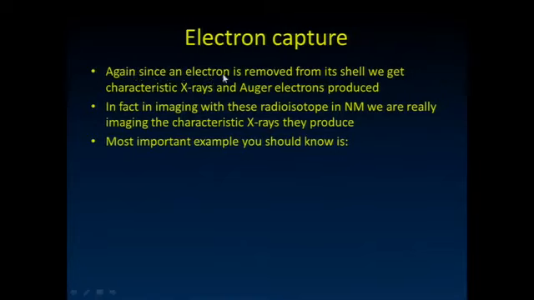Well, since we get that electron removed from its inner shell, from that K shell, an L shell electron is then going to fall in place, from the L shell down to the K shell, and we're going to get the production of characteristic X-rays. So in electron capture, we're actually imaging with characteristic X-rays.